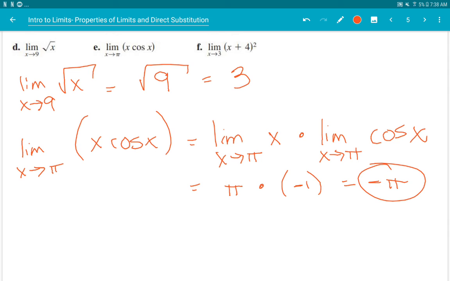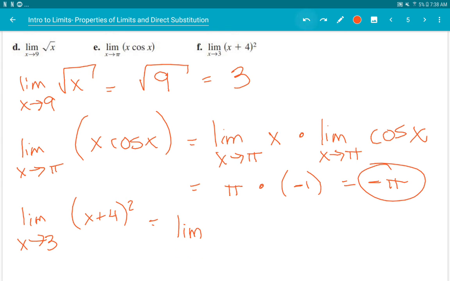Okay, all right. The next one is the limit as x approaches 3 of x plus 4 to the second power. What you can do is find the limit on the inside and then raise it to the power. But using just direct substitution means that's pretty much what we're doing anyways, using the order of operations.